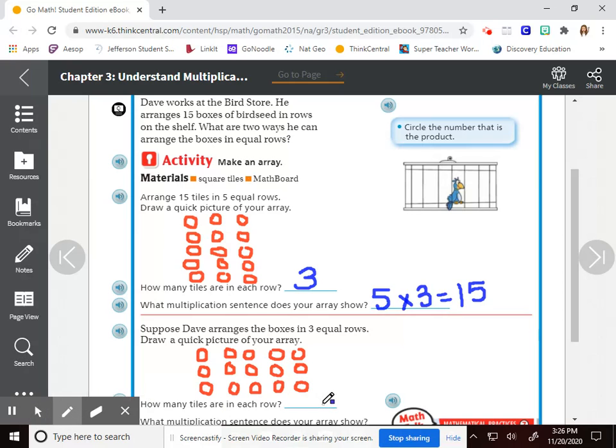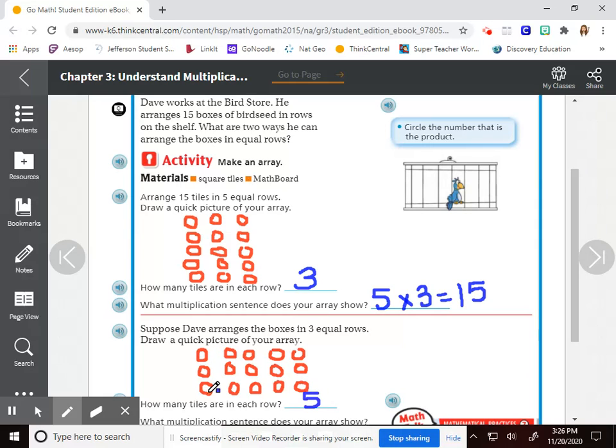Now I need to decide how many tiles are in each row. Well, I used the same number of tiles, right? I used 15. I now have 3 rows and there's 1, 2, 3, 4, 5 tiles in each row, or 5 counters in each row. So now instead of 3 tiles in each row, we have 5 tiles in each row.